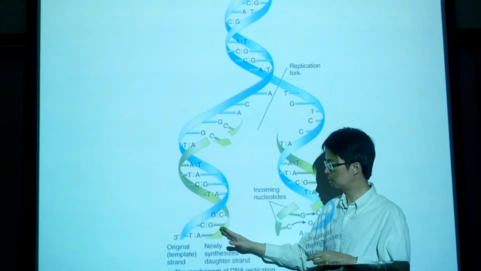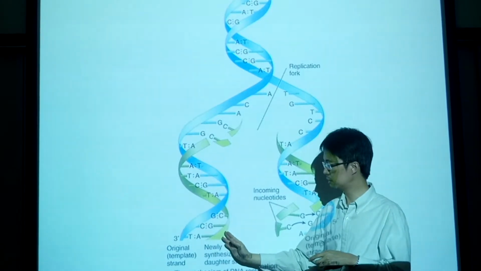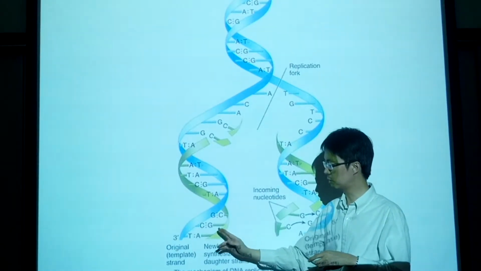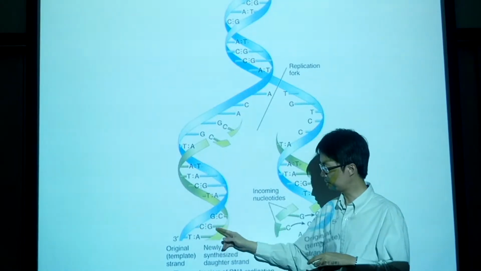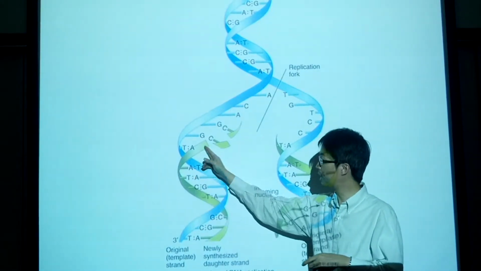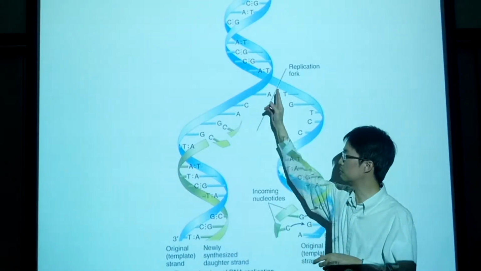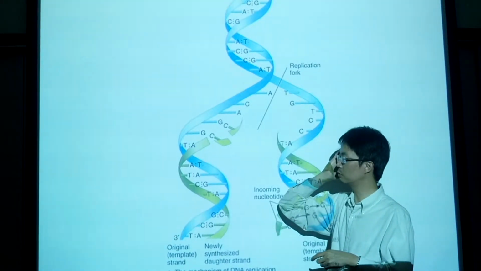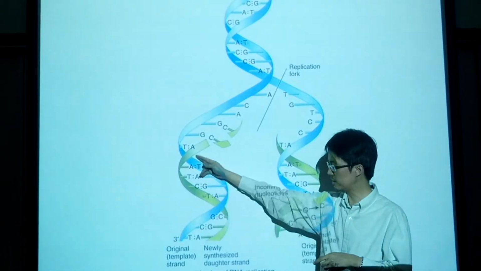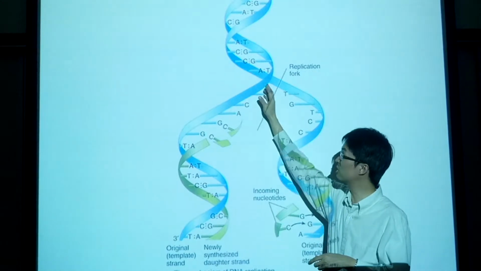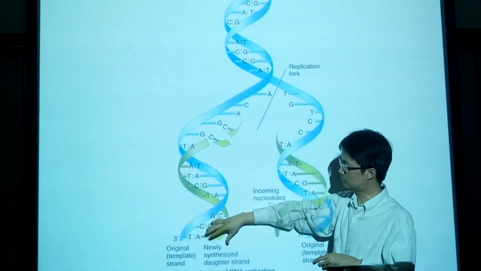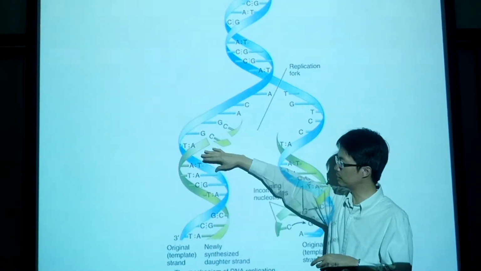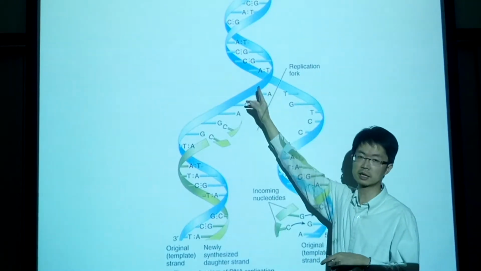So the newly synthesized DNA daughter strand is going from this end, 5', all the way up here. We call this the leading strand, because the DNA polymerase moves in the same direction as the helicase.